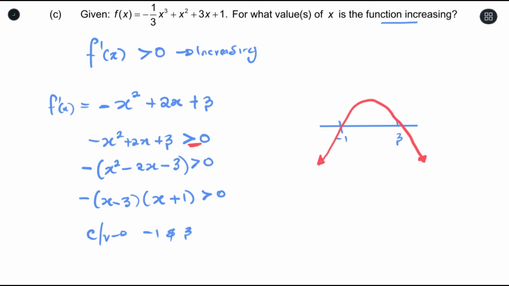Just like in the previous question, the inequality line is y equals 0, so everything above it would be y greater than 0. I'm going to shade the part above it, meaning I'm just focusing on that piece over there. This part is the only part where y is greater than 0. So our answer would be negative 1 less than x less than 3. The part of our function that would be increasing is from x equals negative 1 to 3. And that's your answer.